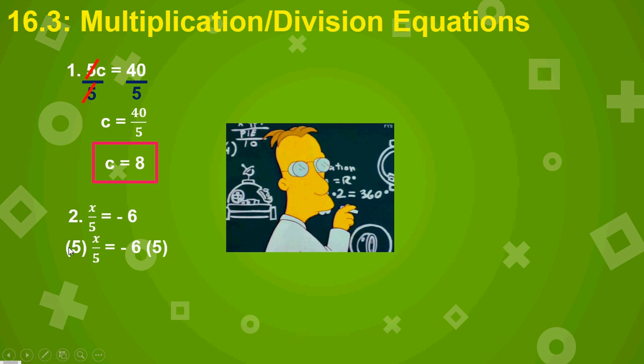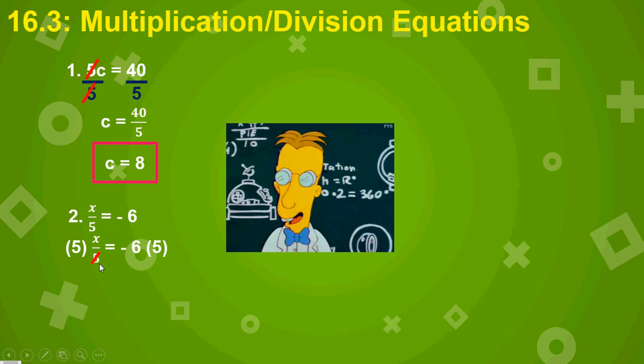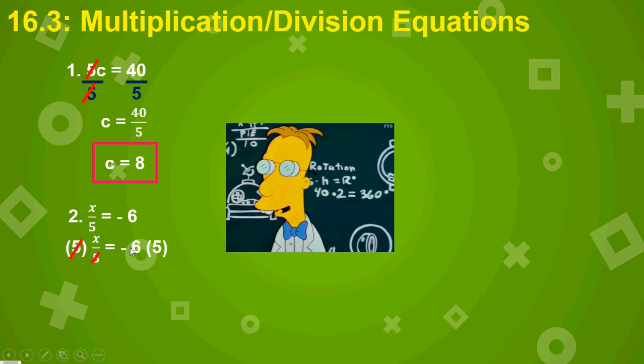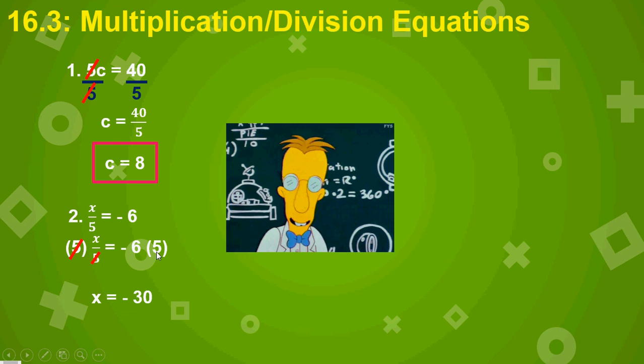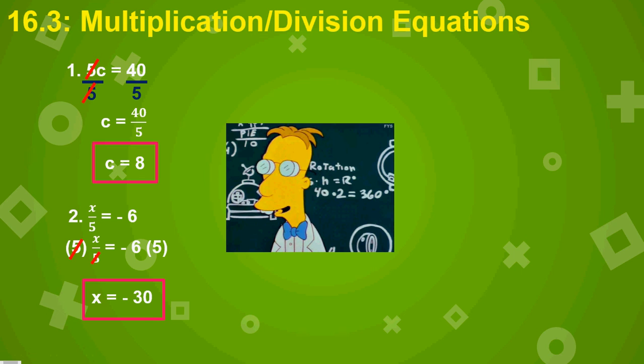See? This number, I'm going to put it over here and over here. Both sides are multiplying. Now, this number is going to cancel out with this. Okay? Solamente me quedaría la x. And minus 6 times 5, it's minus 30. That's my final answer.